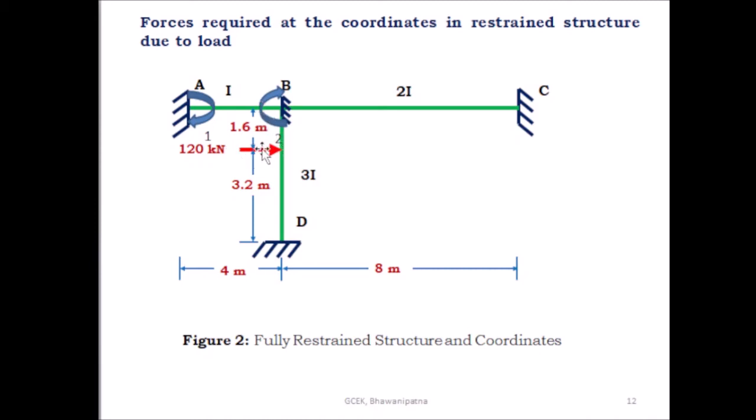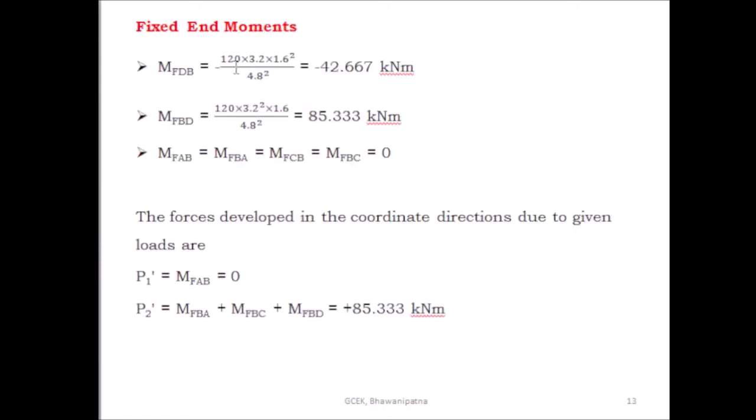Due to this load, you have to find out the fixed end moments MFDB and MFBD. MFDB is equal to minus W a b square by L square, which is minus 120 into 3.2 into 1.6 square divided by 4.8 square, equal to minus 42.667 kilonewton meter.